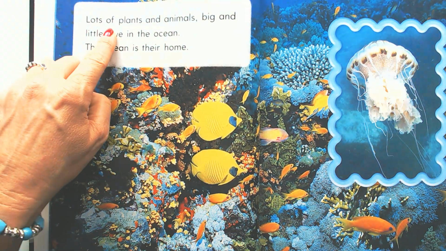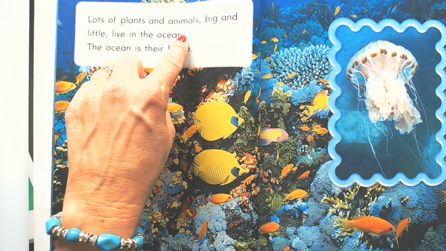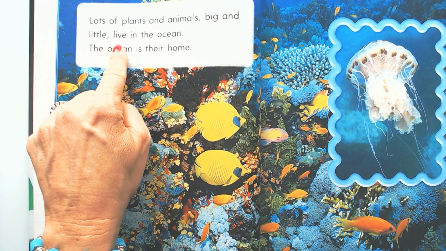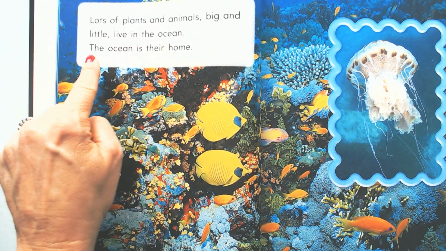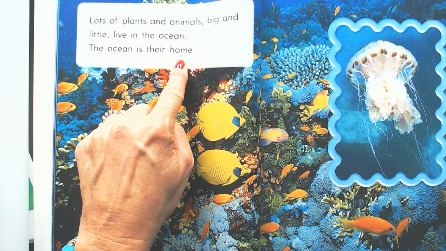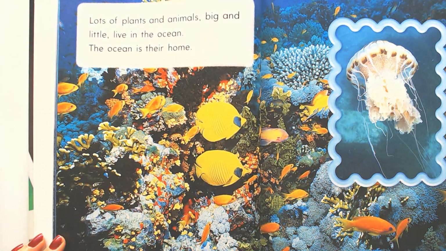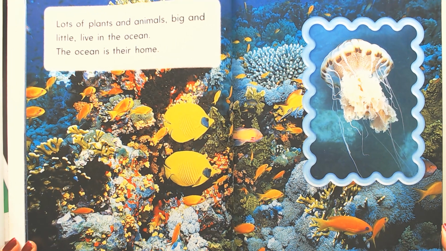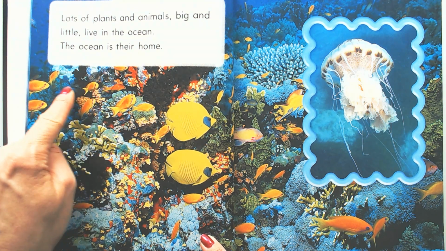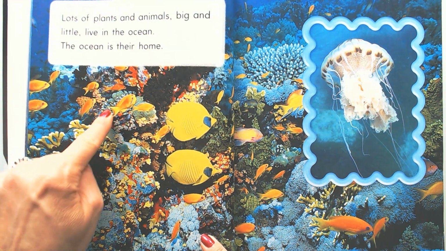Anyway, lots of plants and animals, big and little, live in the ocean. The ocean is their home. Oh my goodness, that is a lot of animals, and that's not all of them. Here we are. It looks like we're in a coral reef again. And all these little fish live there, and they hide in here.